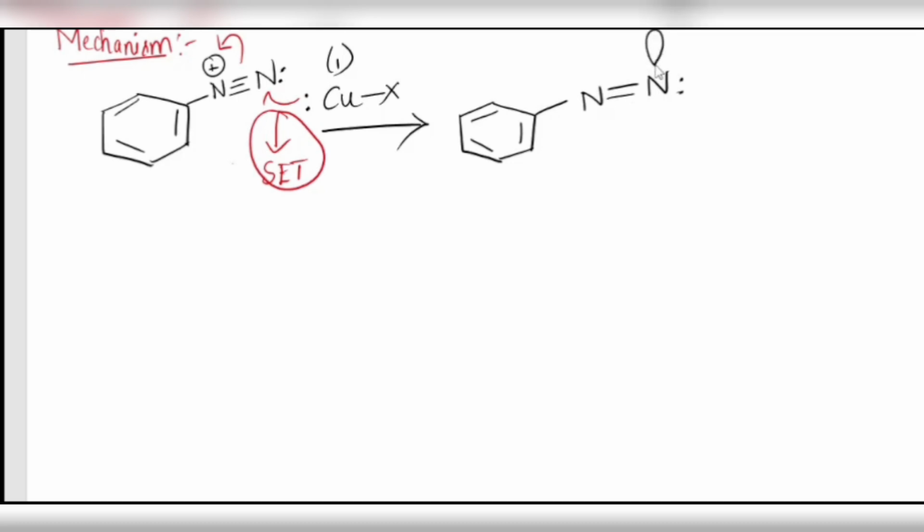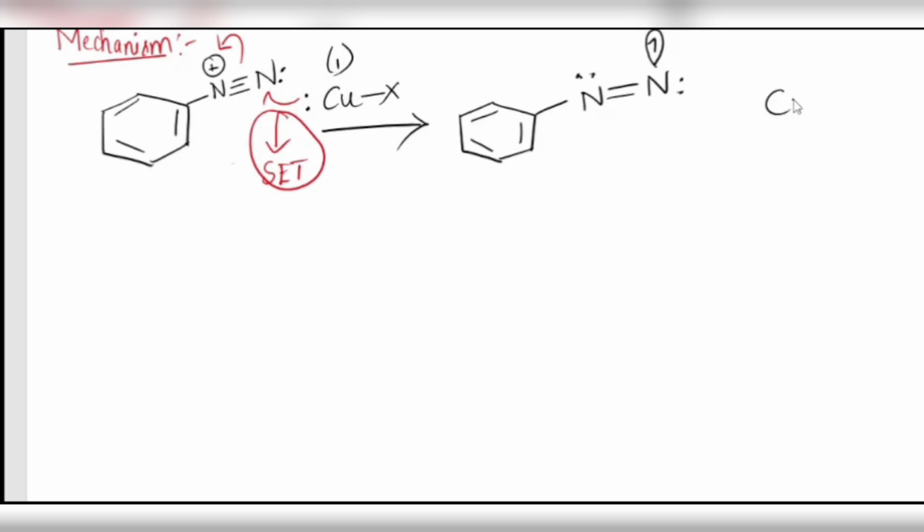And here I will be representing in orbital 1 electron. Here this nitrogen will get the lone pair back. It will be there like this, and in the next step, if this particular copper 1 donates 1 electron, it will get copper 2.